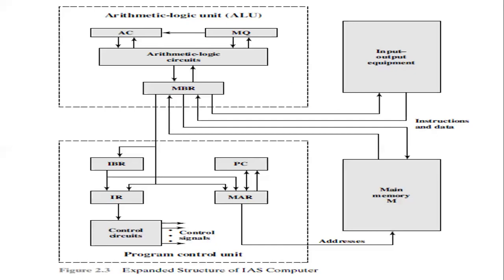The instructions will be sent here and the data will be sent here. My first instruction will come here in the instruction buffer register. Again, an instruction has two parts, the instruction part and the data part. The instruction part will be stored in this instruction register, and the address of the data will be stored in the memory address register.